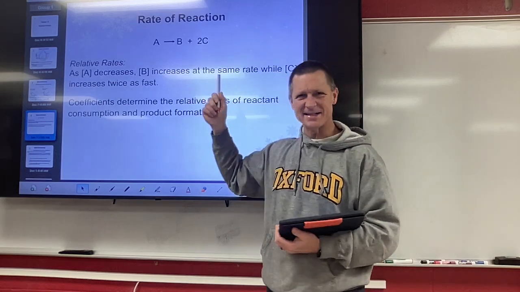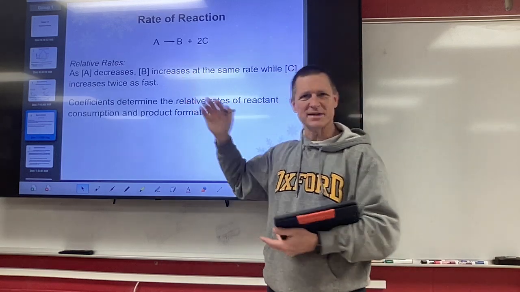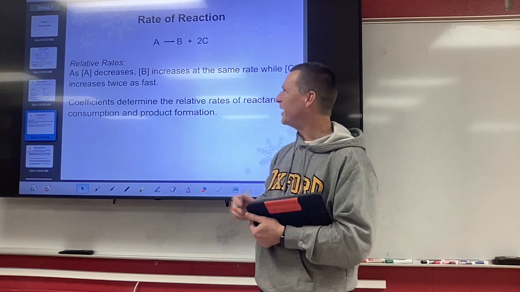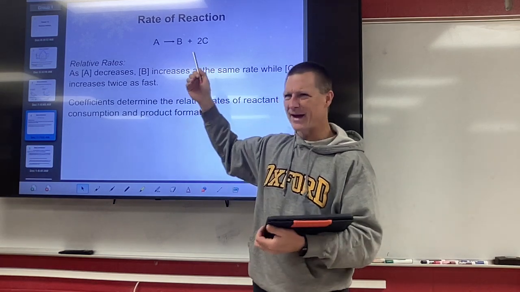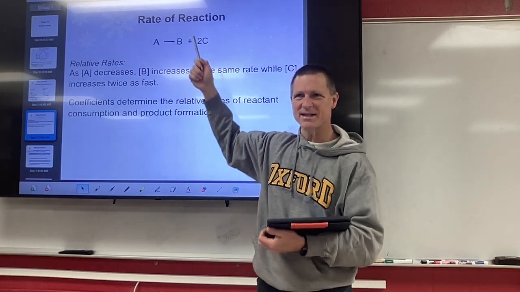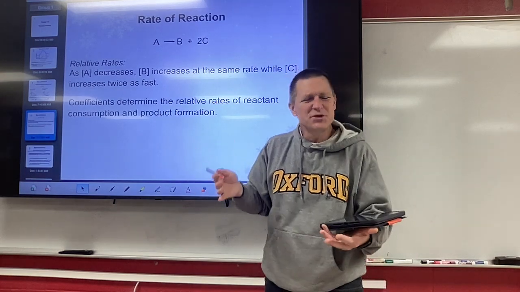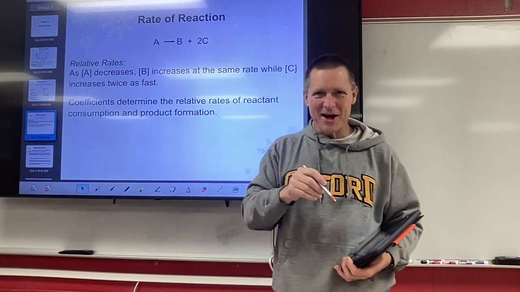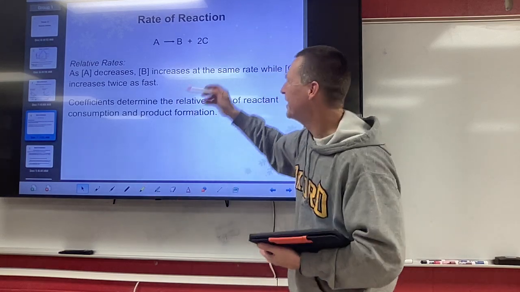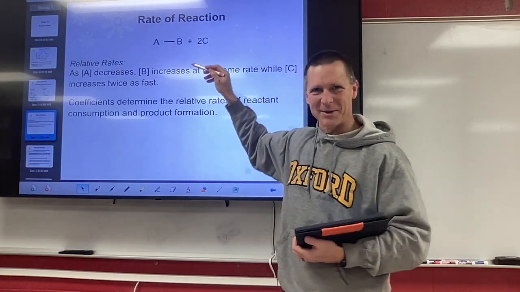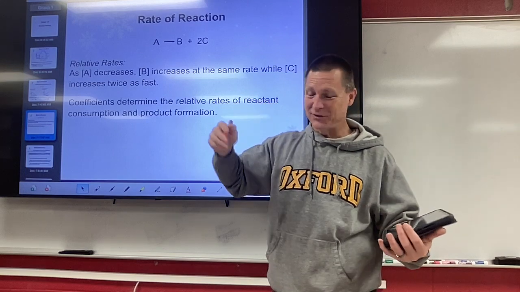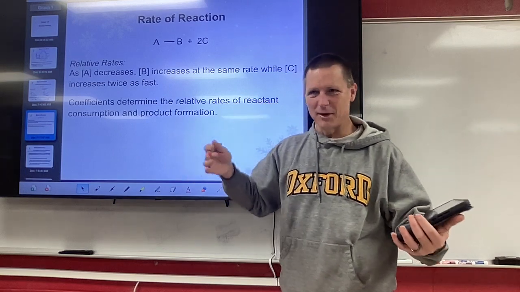There will be exercises. As we go through this, it seems so very simple. I think all of us can agree, yeah, if we have a 2 in front of the C, that means that C will be made twice as fast as B. It's intuitive. However, when you get to the problems in the exercises in the book, you'll be asked about this kind of thing, and a lot of times students just get dumbfounded.